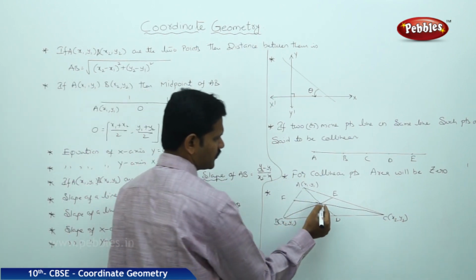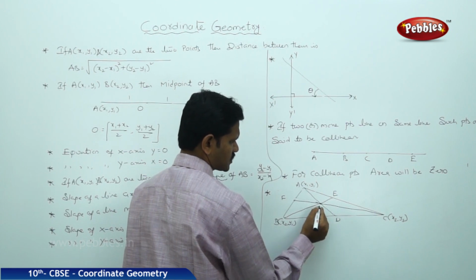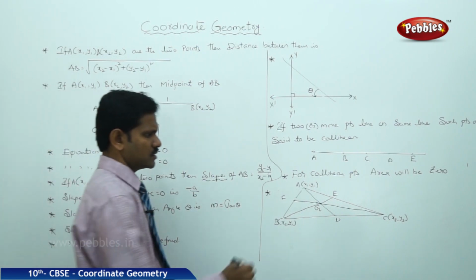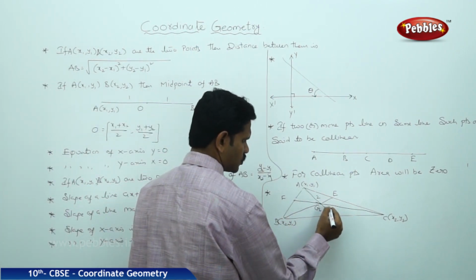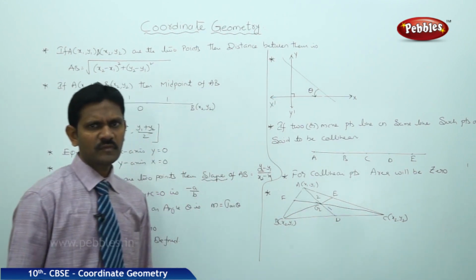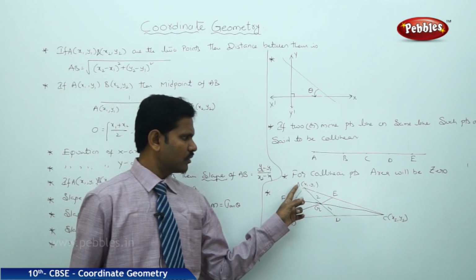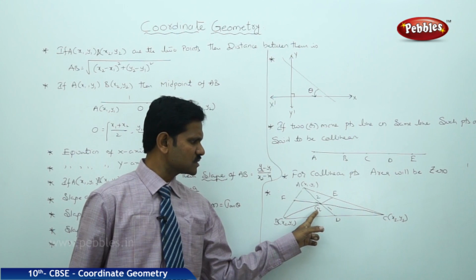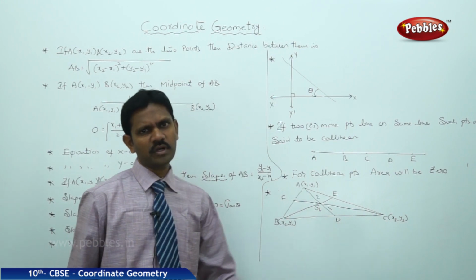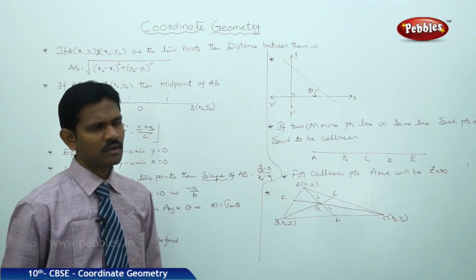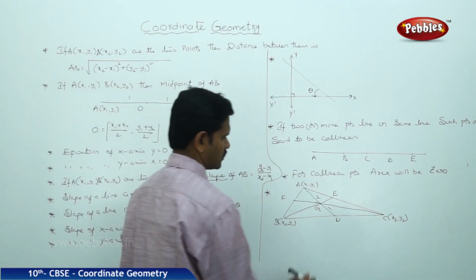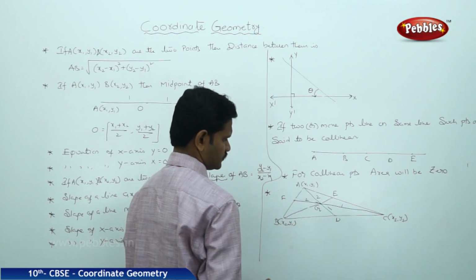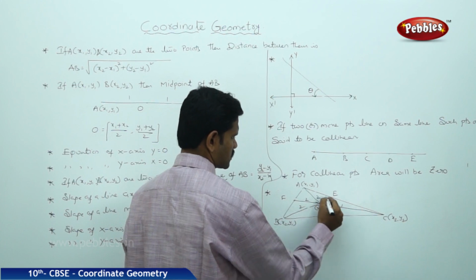The point of intersection of medians is called the centroid. The centroid divides the medians in the ratio 2:1. That is, vertex to centroid is 2 parts, centroid to midpoint is 1 part. This rule is common for all three. Vertex to G is 2 parts, this is 1 part.